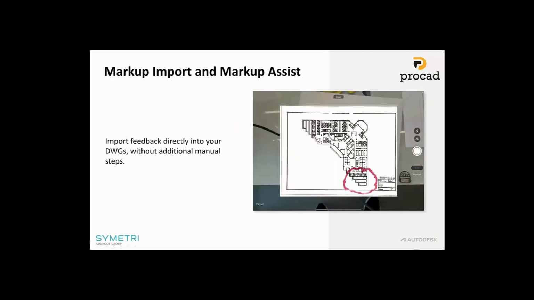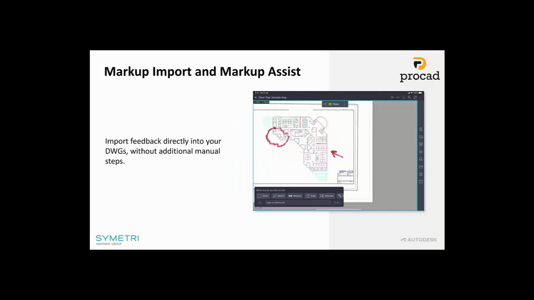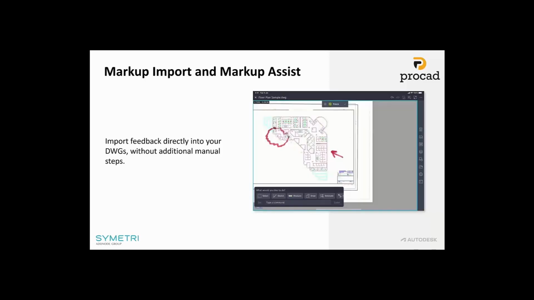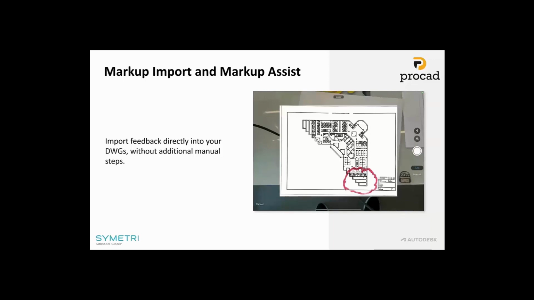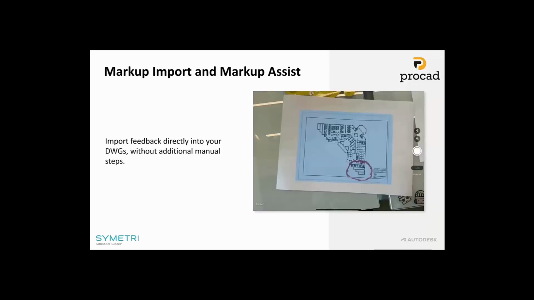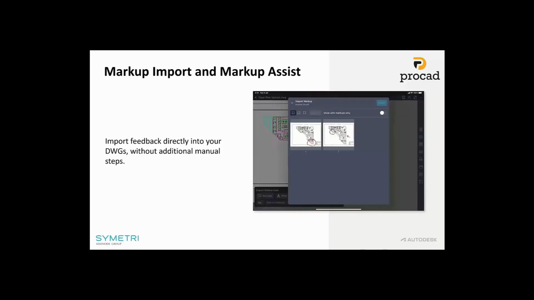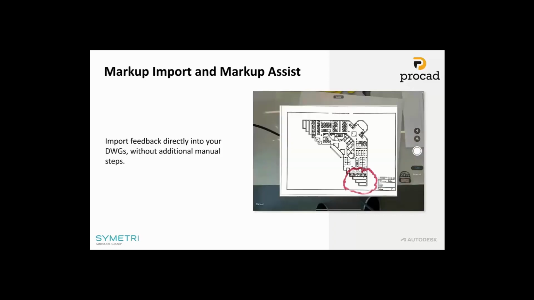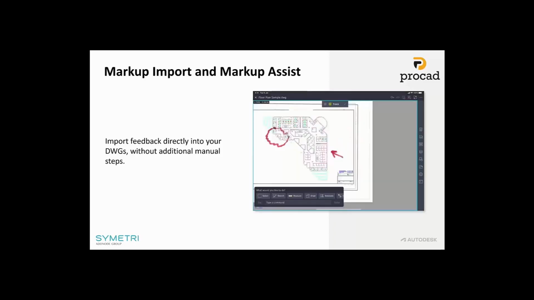We've got the new Markup Import and Markup Assist tool. This is mainly used for, say, when you've got a physical printed drawing and someone's done a red line markup on it. Before, we could scan that and we'd have to fix it on the main one. Now we have this new tool that allows us to import this feedback directly into the DWG, skipping all of the manual steps.